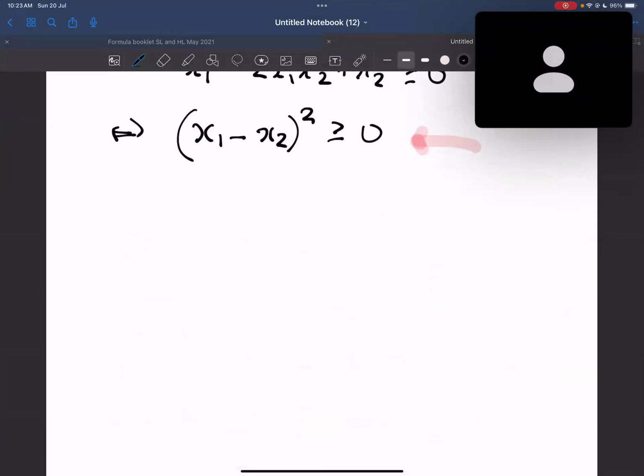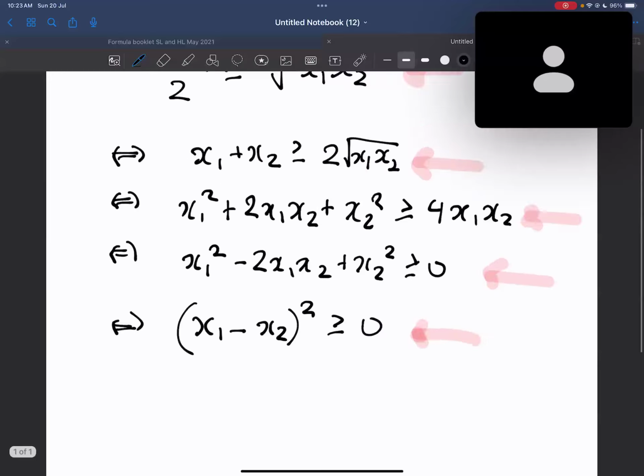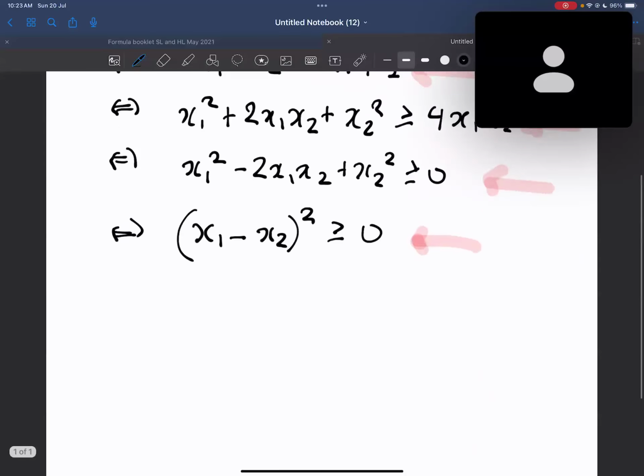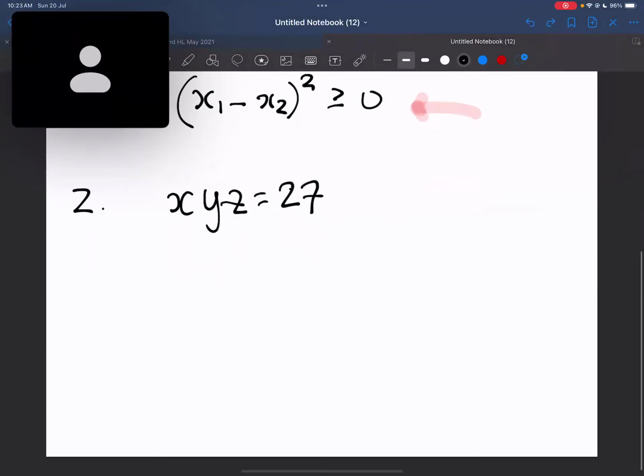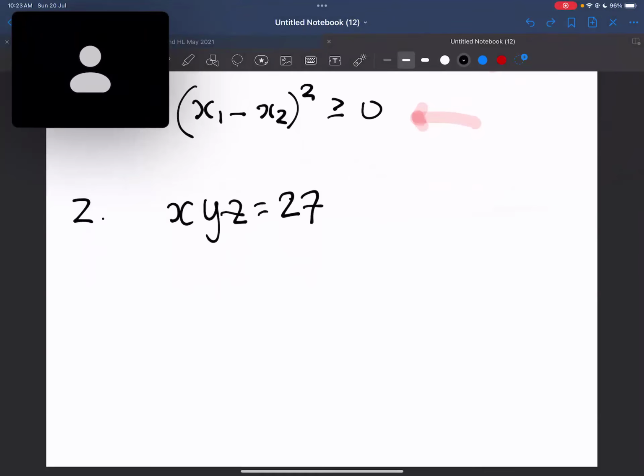What are we given? Our condition is that xyz equals 27, right? So let's think about what that means for the AM-GM inequality.